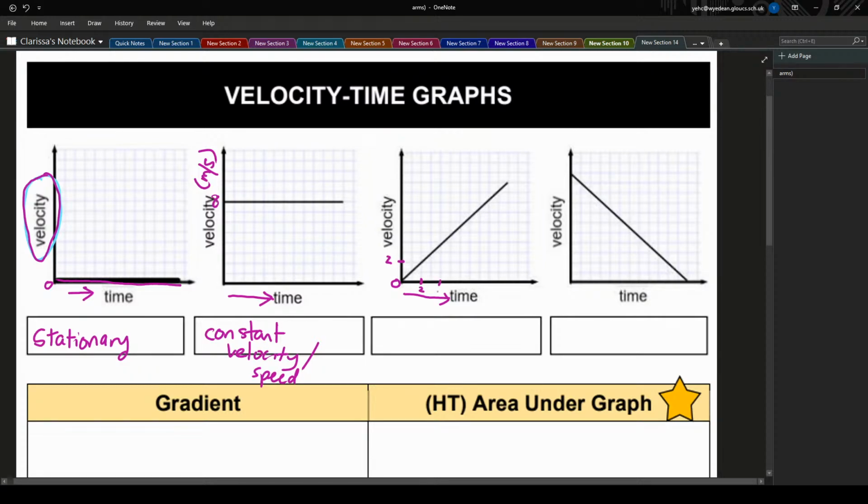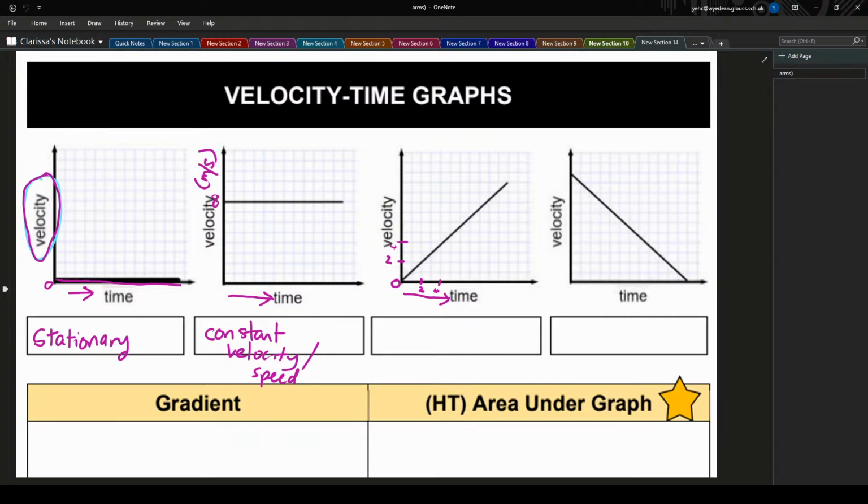At 4 seconds, the velocity was 4, and so on. So, how would I describe this then? Velocity is going up over time. Velocity is increasing over time.